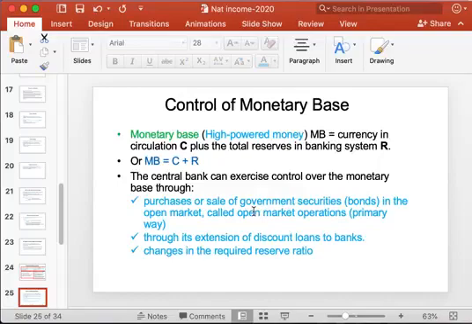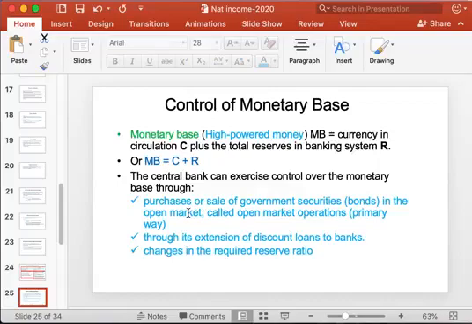So if you actually sell the government securities, then government is actually withdrawing the money from the economy or taking out the money from the economy or removing the money from the economy in exchange for the bonds.